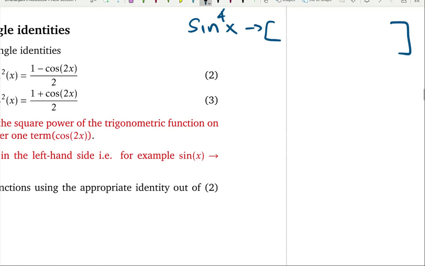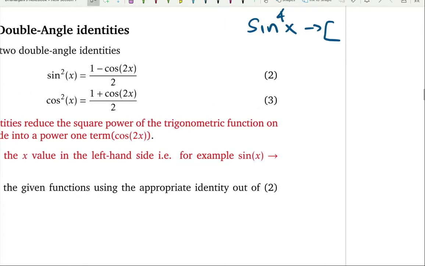So it seems that when we have a trigonometric function with a power greater than 1, we can use double angle identities and reduce the power, right? Okay, can we do the same for sine cube x?